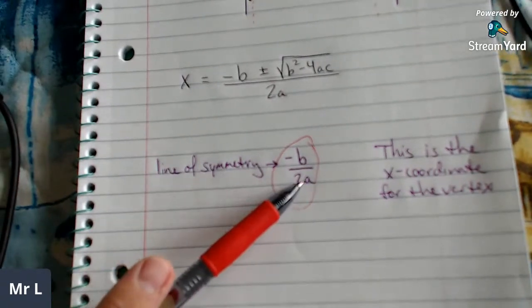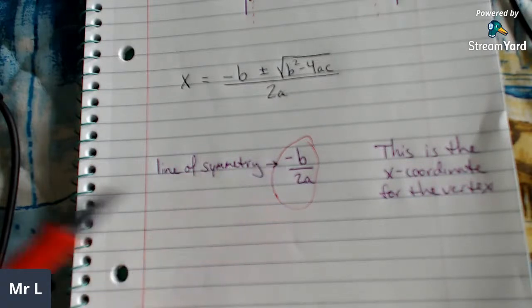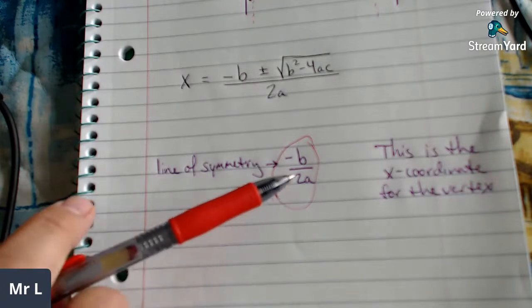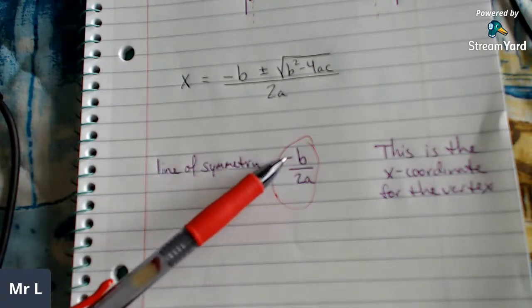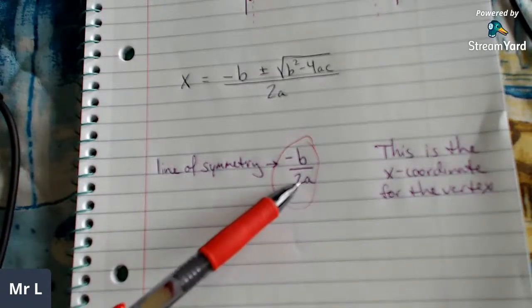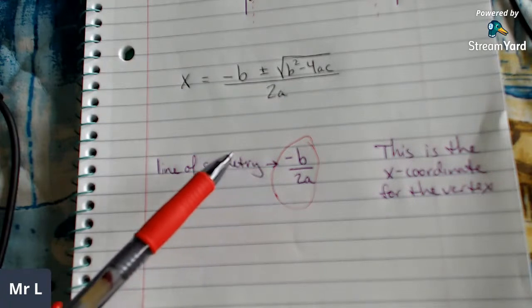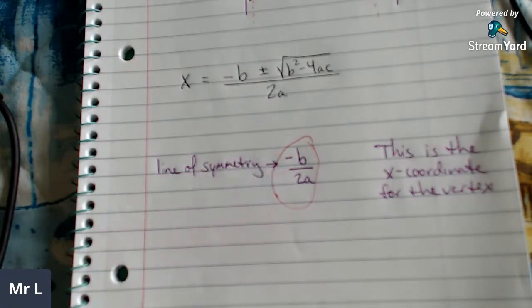Negative b just means change the symbol of whatever b is. If it's positive, it goes negative. If it's negative, it goes positive. Then divide by 2 times a. So we're not even using c to find the line of symmetry.